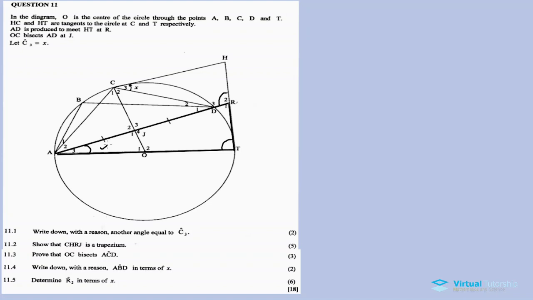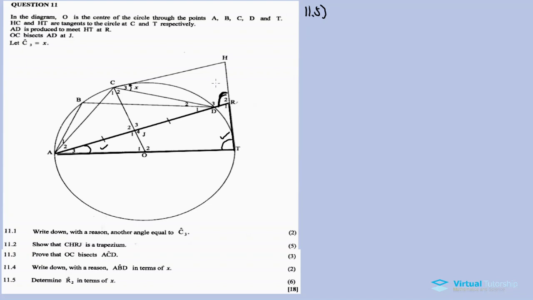So this A3 and this angle T give us R2. Now it will be easy once we find angle T. 11.5, this is the only way to approach it, right?